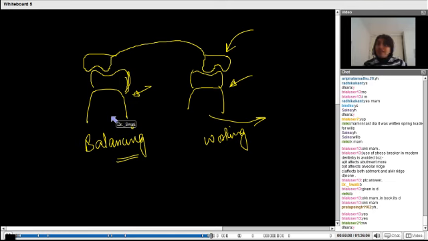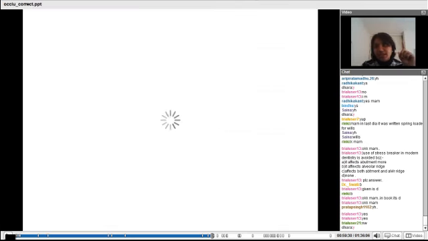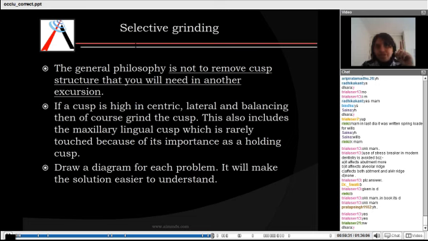So in all the contacts, we cannot reduce one cusp which is going to be used in other contacts also. For example, one cusp is causing interference in centric occlusion, but that cusp will also be needed in lateral excursion. In that particular case, we simply cannot reduce that cusp. That's the first rule. Get the point?